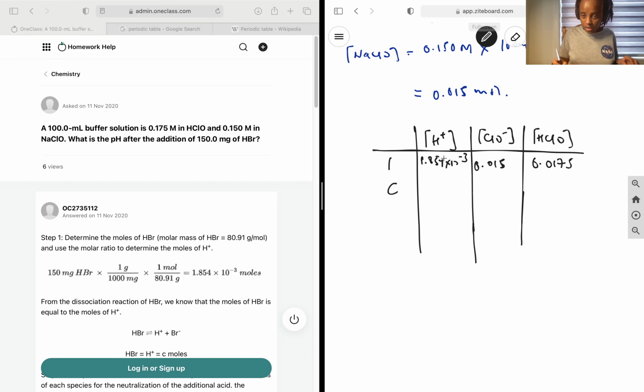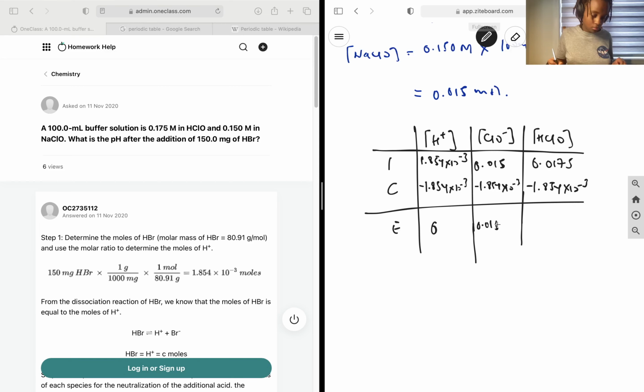You're going to use the least one in order to determine the change. So this is going to be minus 1.854 by 10 to the negative 3, minus 1.854 by 10 to the negative 3, which means that at equilibrium, we're going to have 0 of this, 0.013146, and 0.019454.